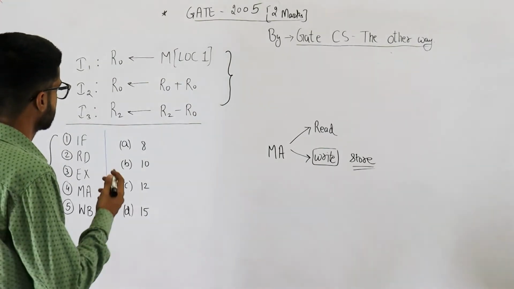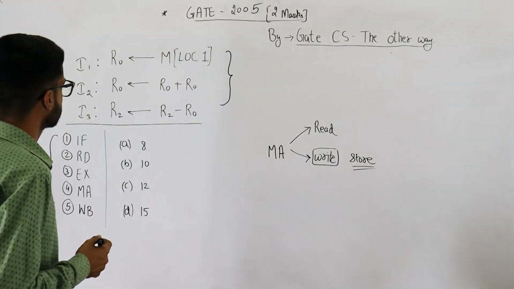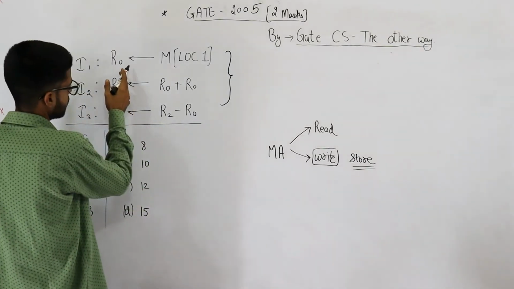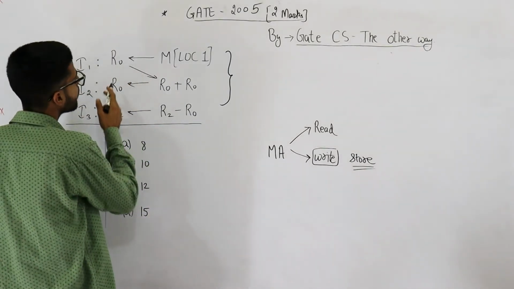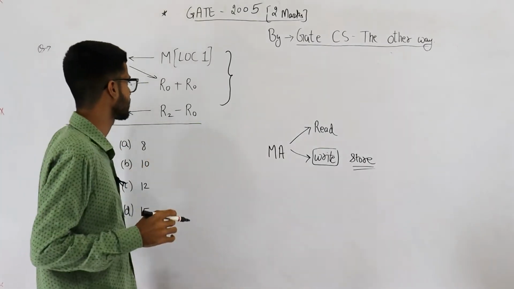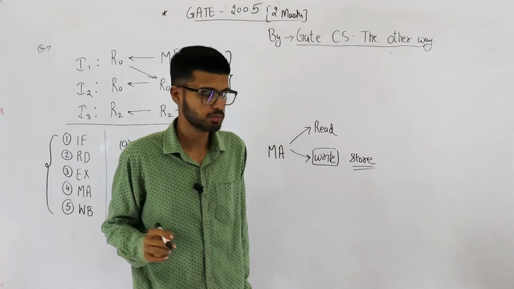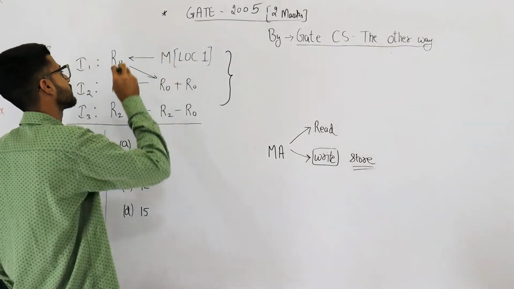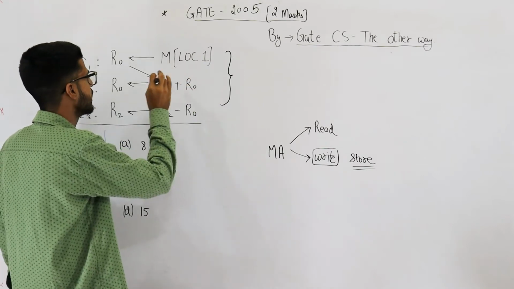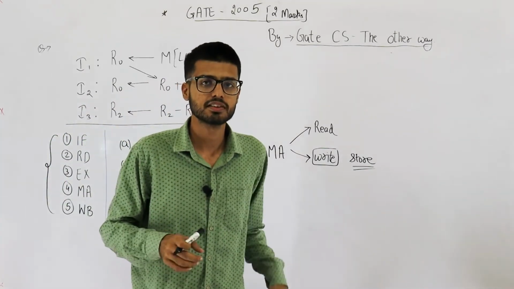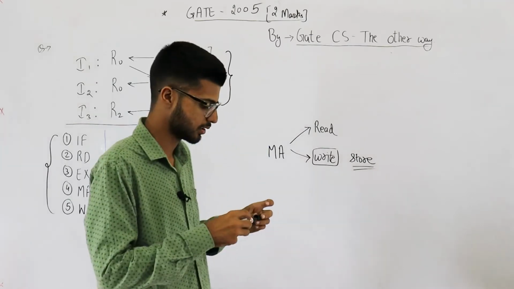Now let's analyze this program. The first thing that you can notice is this. Instruction I1 is a producer instruction, whereas I2 is a consumer instruction. That means the value produced in this instruction I1 is being used by I2. That also means both of the instructions cannot be executed in parallel.